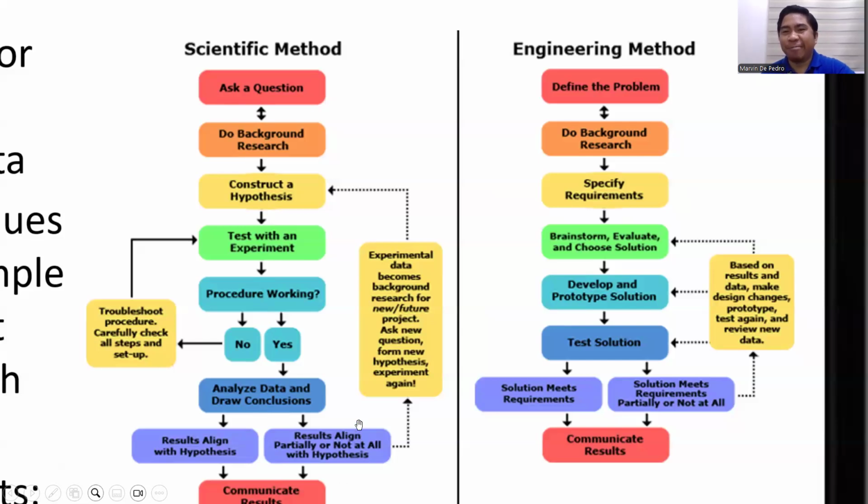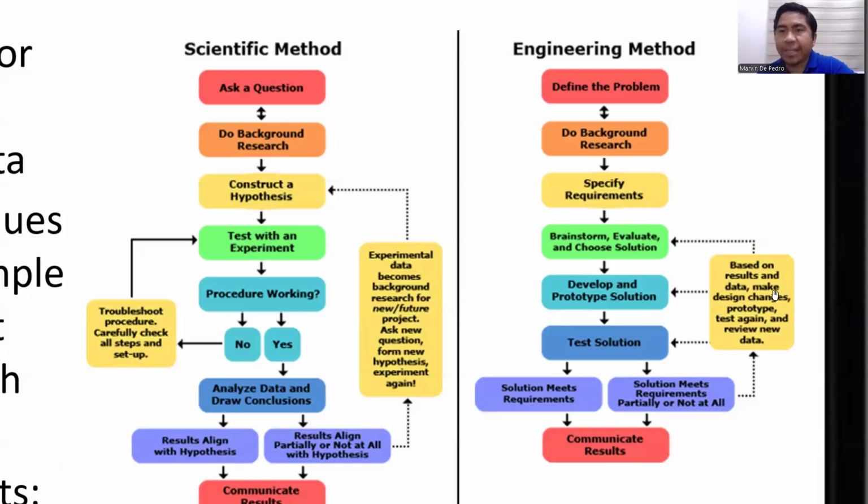So once we have the results, we go back here. So we have the answer. Once we have the answer, either the solution meets the requirements, so we're done. Problem solved. But if the solution does not meet the requirements, or it only met partially, we go back somewhere.